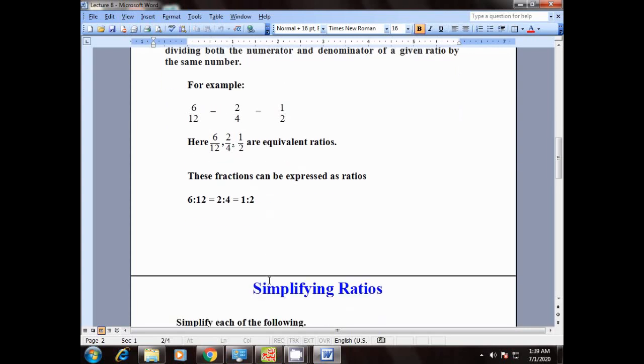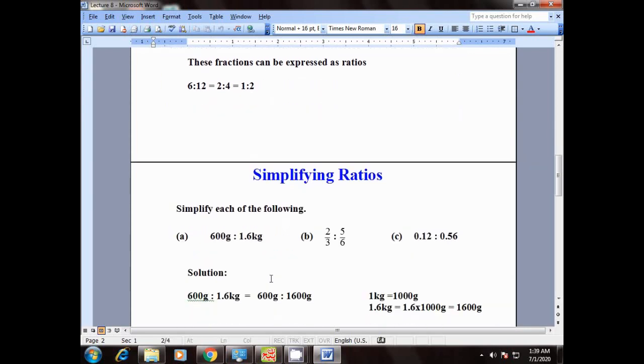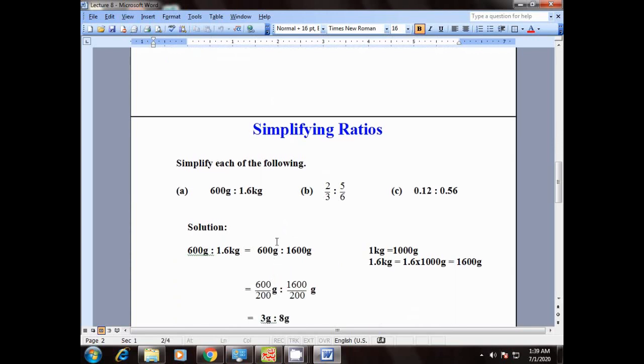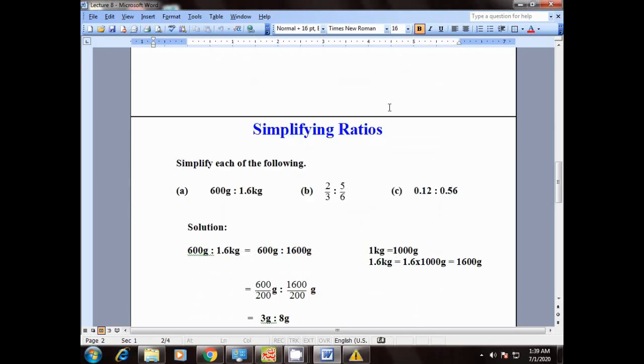Simplifying ratios. We can simplify a ratio by dividing the numerator and denominator by a constant number, or we can simplify a given ratio by multiplying both quantities by the same constant number. But before this, if the given ratios are in different units, we will make sure that their unit is the same.